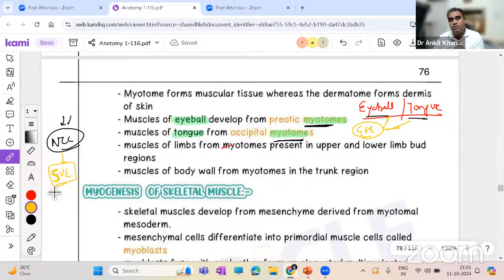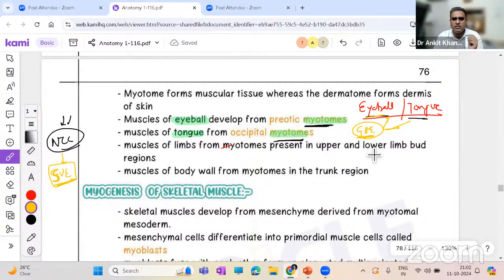It will come again when we discuss neuroanatomy. Special visceral efferent is for all the other muscles, and general somatic efferent is for the eyeball and tongue muscles. Remember this. I'm giving you knowledge a bit ahead, but I'm not going into details. It will come automatically later on once you reach the neuro part.